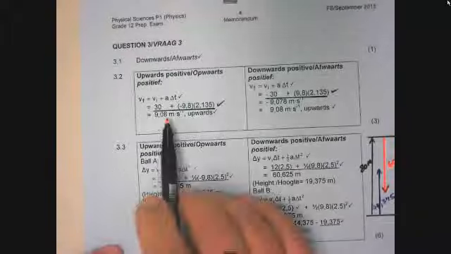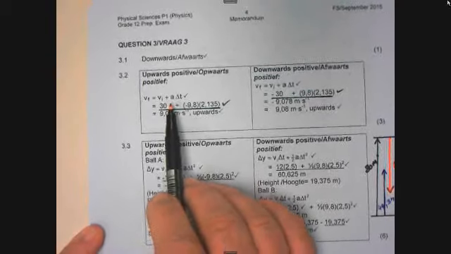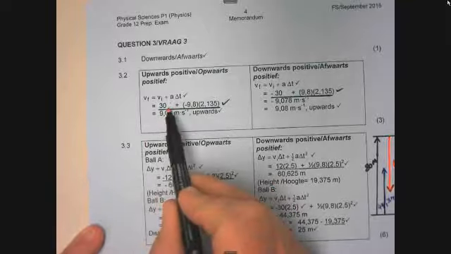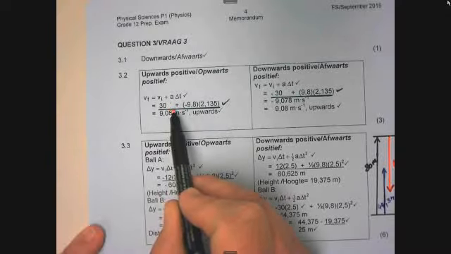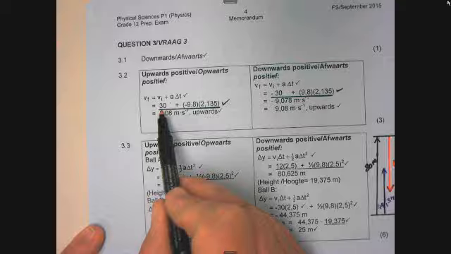If we go to the memo, you will see in the memo the mark indication was only on the 30, the initial velocity of ball B. I would prefer it if you move this mark to the whole statement again.